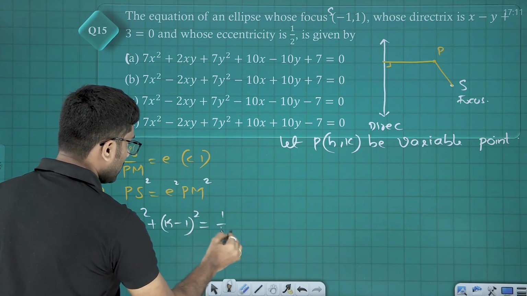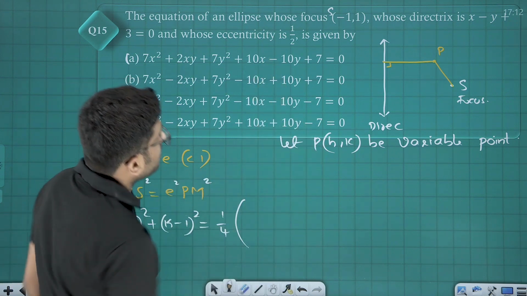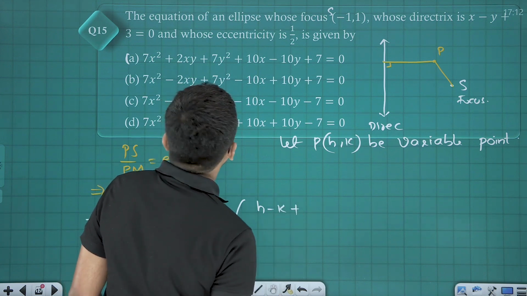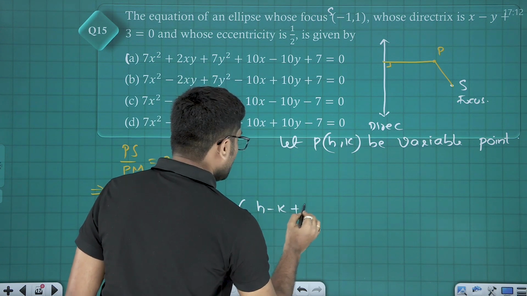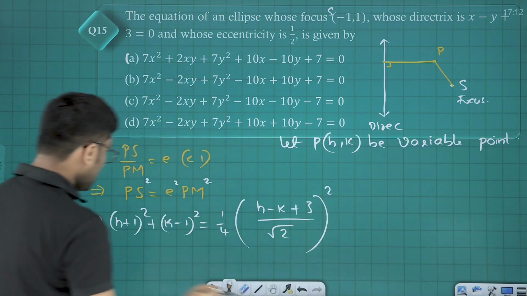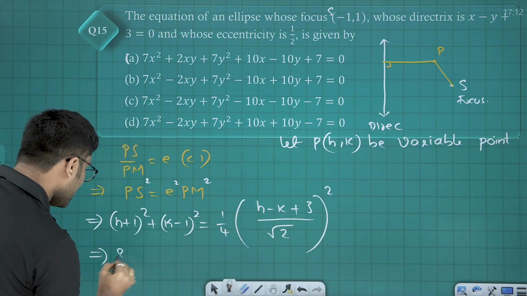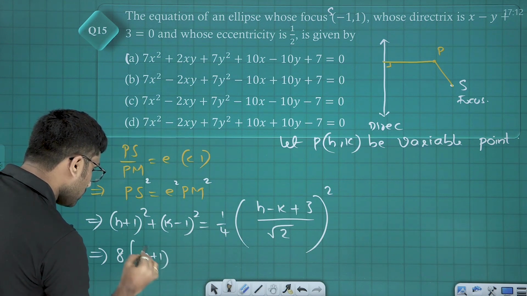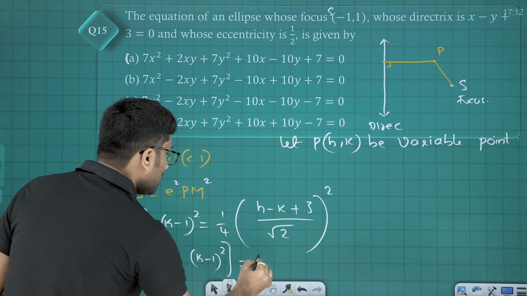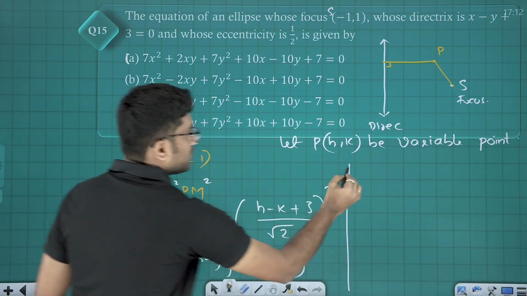E square is 1 by 4, into PM square, the perpendicular distance from point P to the line. The line is h minus k plus 3, divided by root 1 plus 1, root 2, whole square. So clearly 4 into root 2 whole square is 8, 4 to the 8. So 8 times [(h plus 1) whole square plus (k minus 1) whole square] is equal to (h minus k plus 3) whole square.